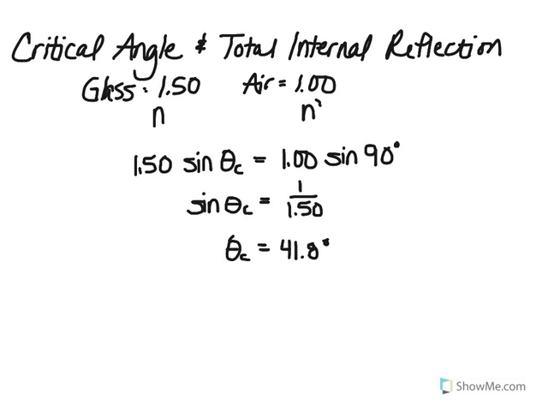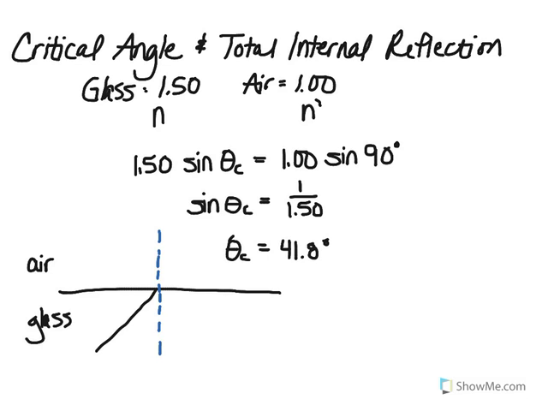And if we want to draw that out to see what we're talking about, so if we had the glass here and the air here, drawing a normal, and if our incident angle is 41.8 degrees, then the emergent angle would be right at 90 degrees.